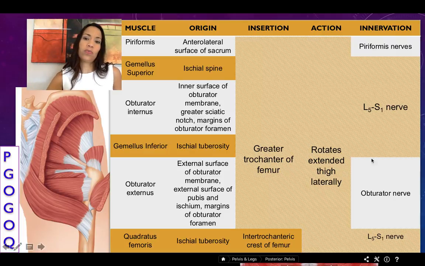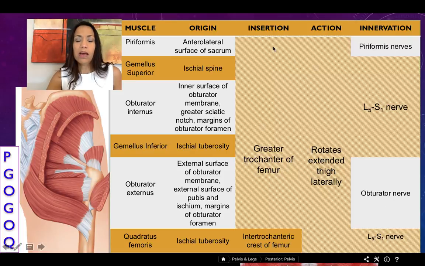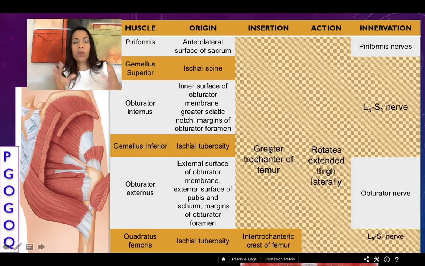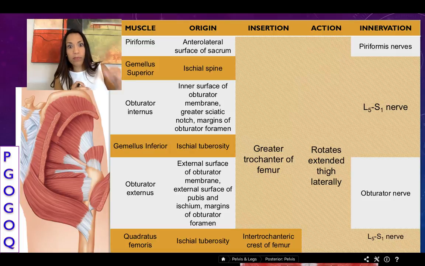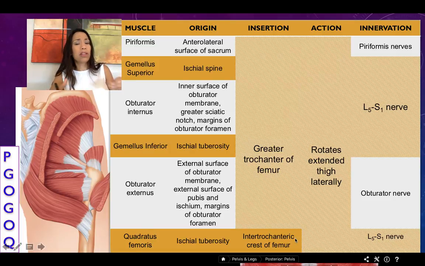Look at the insertion. We have so many common things in here. There are 6 muscles, but almost everything is common. Almost all of them are going to attach somewhere. I don't really care where, but on the greater trochanter of the femur. Actually, quadratus femoris is very close, you will see, to the greater trochanter of the femur.